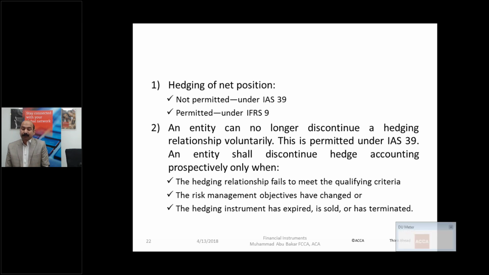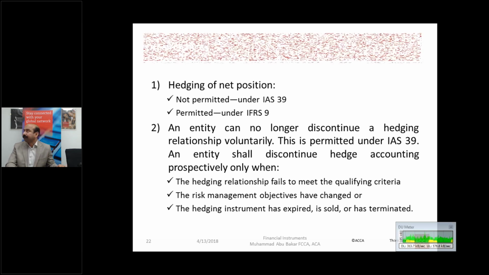The risk management objective has changed, or the hedging instrument has expired, is sold, or has terminated. I mean, IFRS 9 has given an objective criteria for discontinuance, whereas under IAS 39, an entity can opt to discontinue hedge accounting voluntarily.